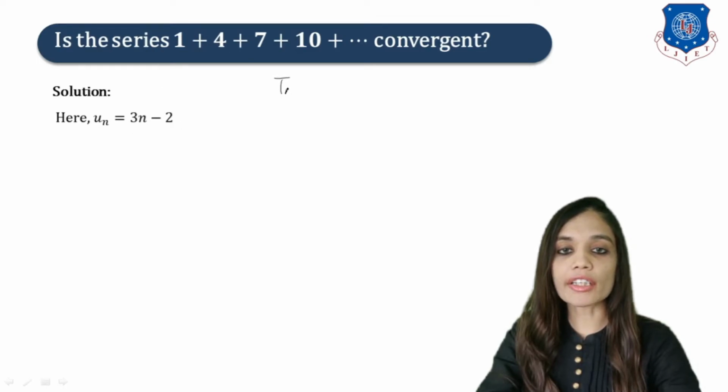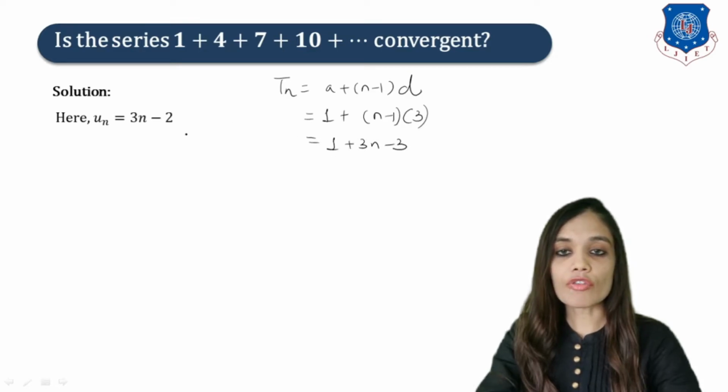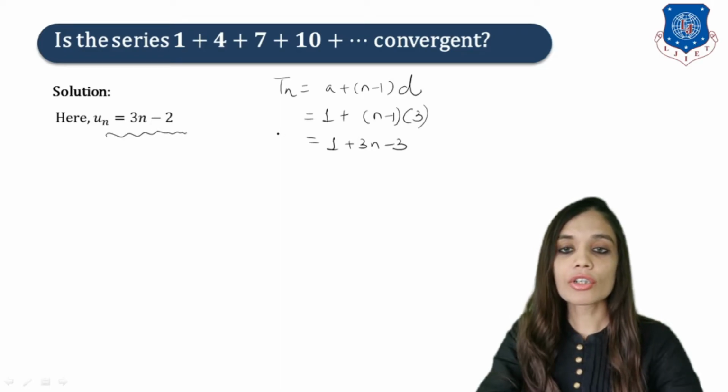By our formula, Tn is equal to A plus n minus 1 into D. Here your first term, that is A, is 1, plus n minus 1. D means the difference. So 4 minus 1 will give you 3. Now simplify this. So you will get 1 plus 3n minus 3. So finally you will get your un as 3n minus 2.